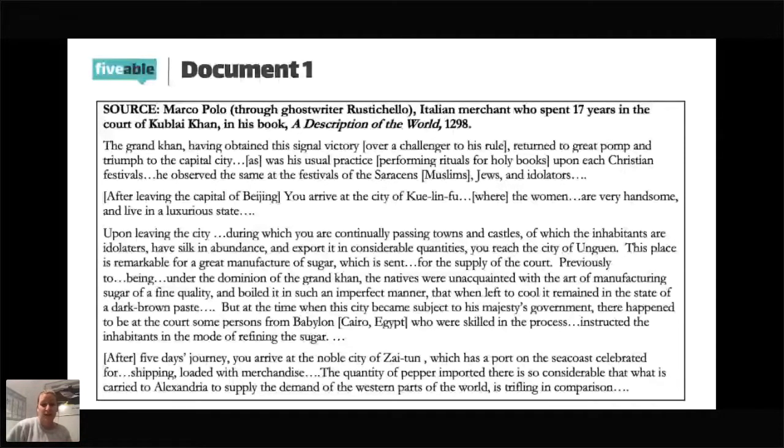You can see they're bringing up performing rituals for holy books, Christians, Muslims, Jews, idolaters, and you can talk about how the Mongols used religious toleration. You can talk about the spread of religions because of trade throughout the Mongol Empire and into the court of Kublai Khan, which is in China.